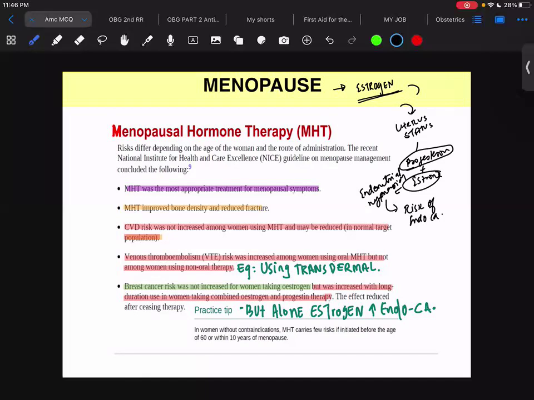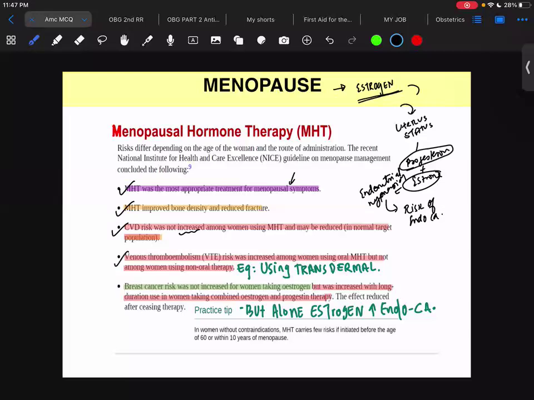According to NICE guidelines, menopausal hormone therapy is one of the most appropriate treatments for menopausal symptoms. MHT improves bone density and reduces fracture. CVD risk was not increased among women who use MHT, menopausal hormonal therapy, and may be reduced in the normal target population.